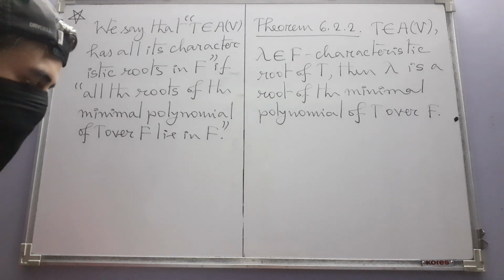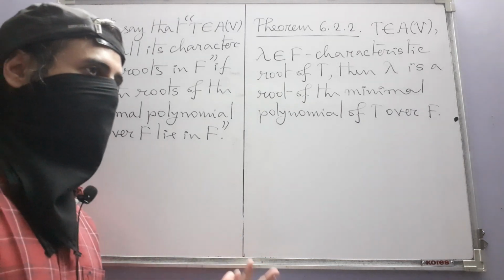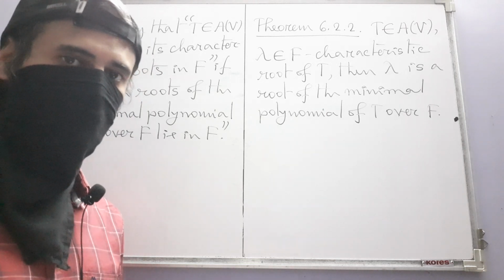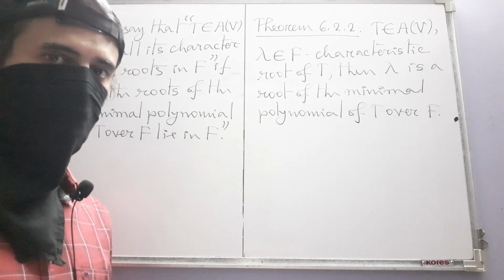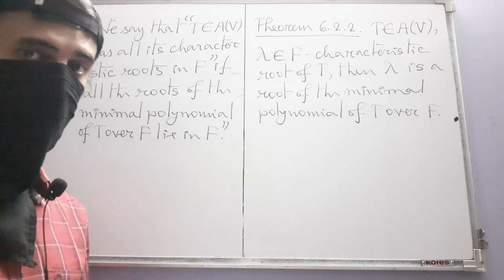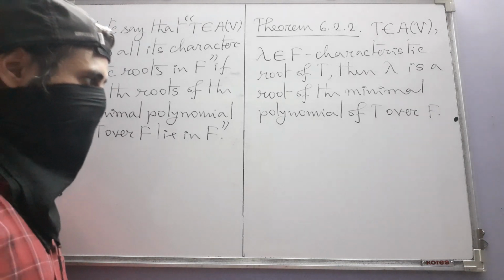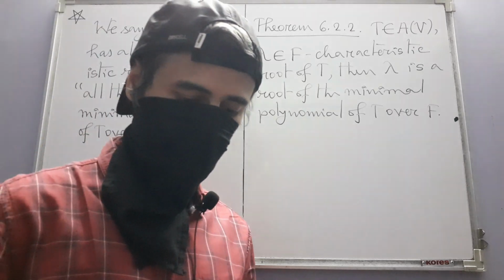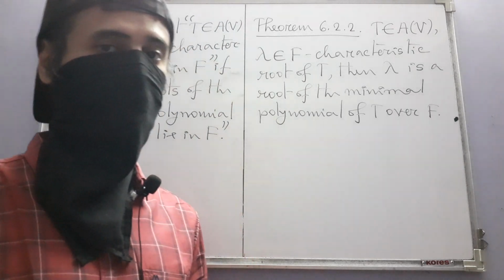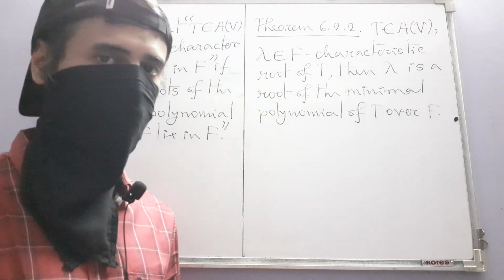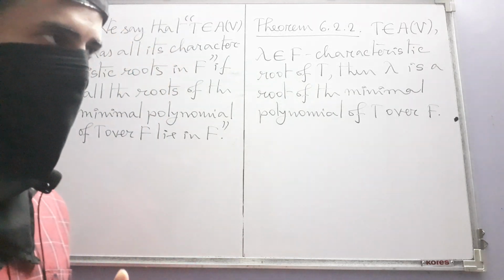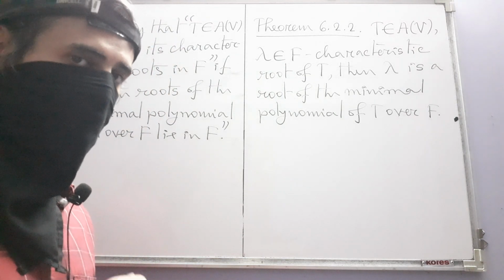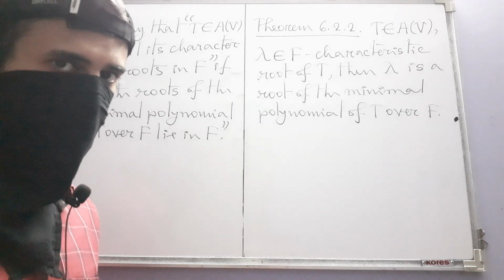Now, we have seen in the previous section, the section where we studied matrices, in one of the exercises we have seen the definition of a triangular matrix. A triangular matrix is a matrix such that the entries above the main diagonal of the matrix are all 0. Actually, if the entries below the main diagonal are all 0, then such matrices are also called triangular matrices.